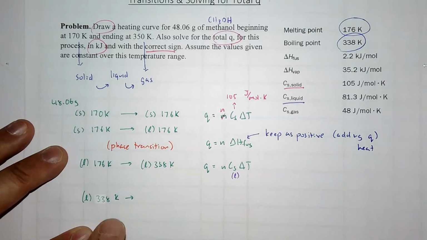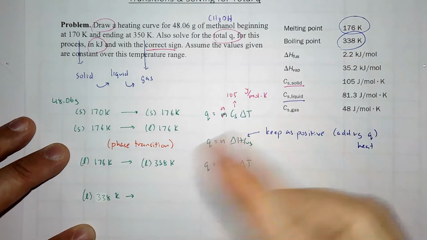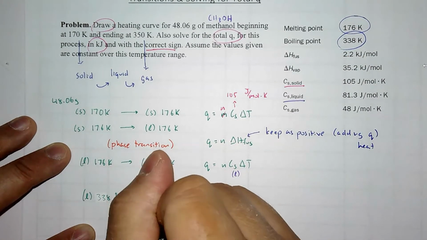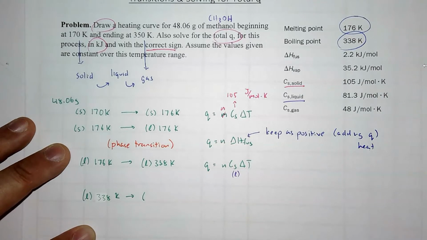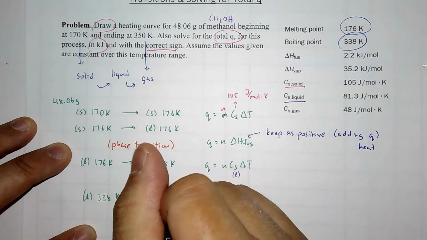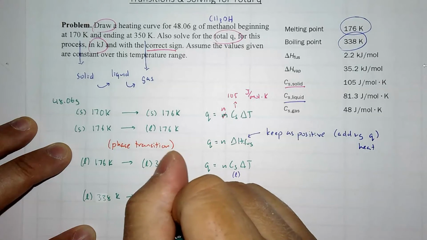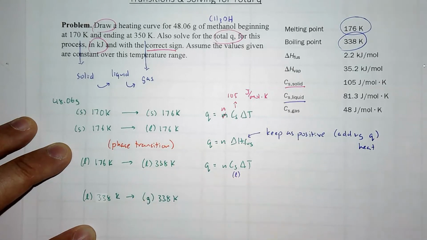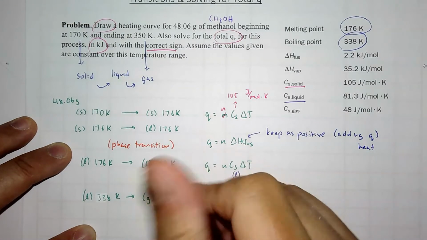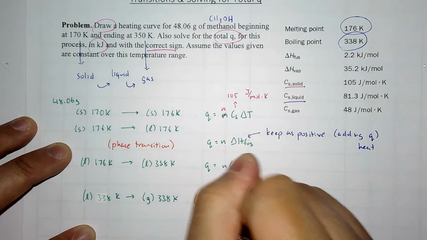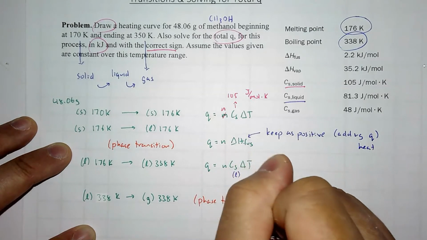Goes to, we're at the boiling point. So now we're going to add heat, not for the purpose of raising the temperature, but for the purpose of phase transition to the gas at 338 K. This is another phase transition. And what is this?